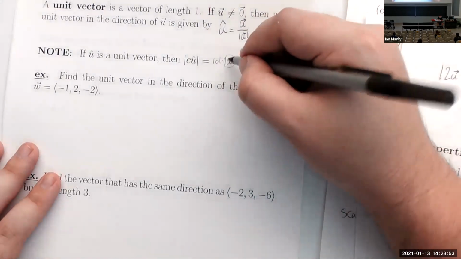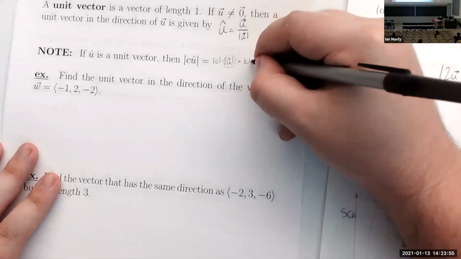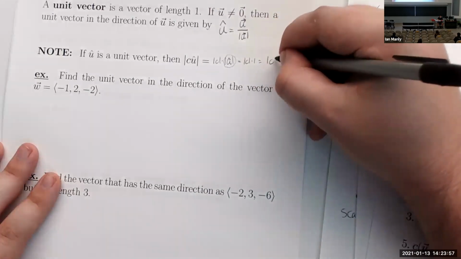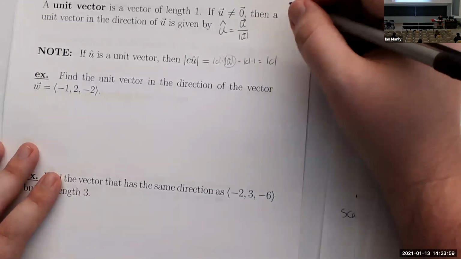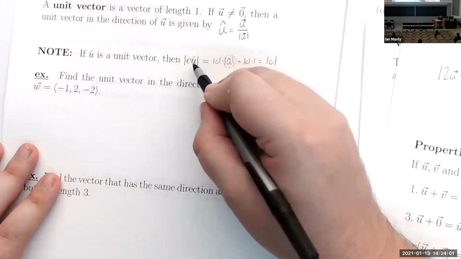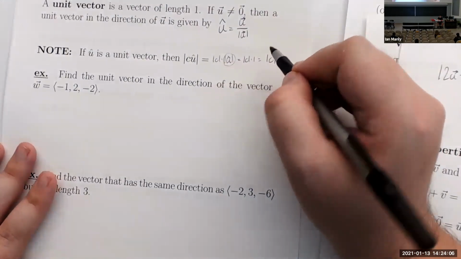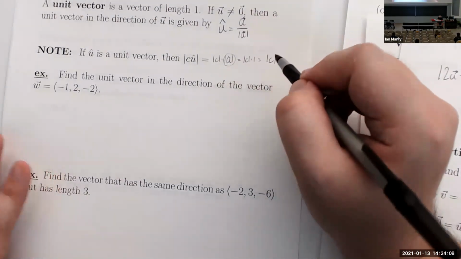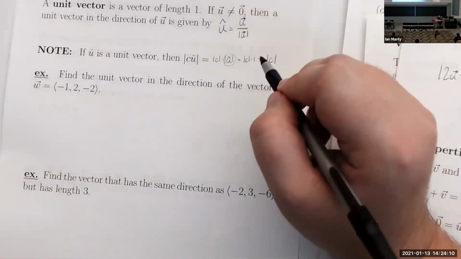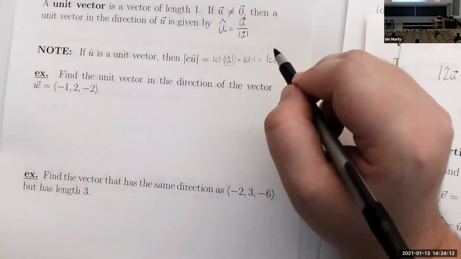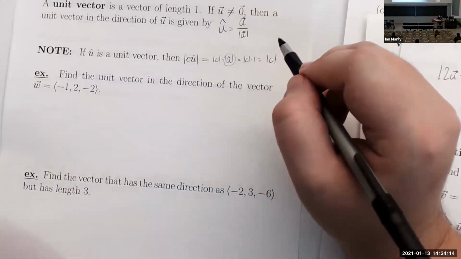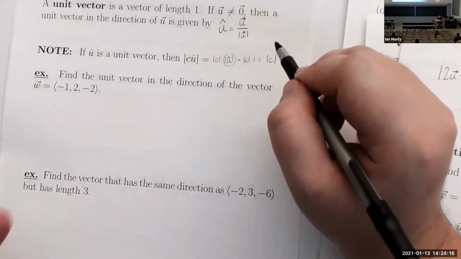By definition, this has a magnitude of 1. So then we just get the absolute value of c out of this. If you ever multiply a scalar by a unit vector, it's just going to be the absolute value of that number. And notice the magnitude is always positive. Since it's defined by a square root, it's always greater than or equal to 0. You're never going to have a negative magnitude for a vector.